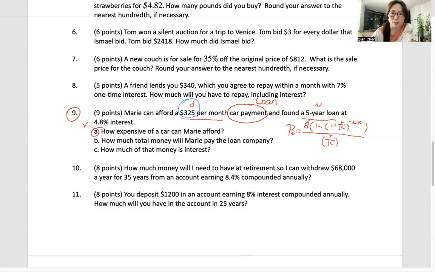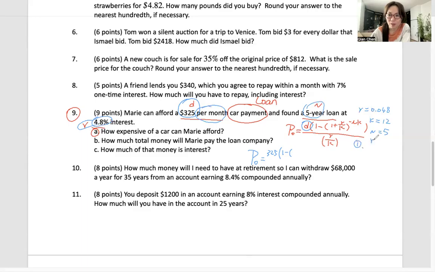So this D equals 325. Let's substitute that. So P naught equals 325 multiplied by 1 minus, well, let's calculate R over K. R equals 0.048. What about K? Per month tells us K equals 12, because 12 months in a year. N equals 5.